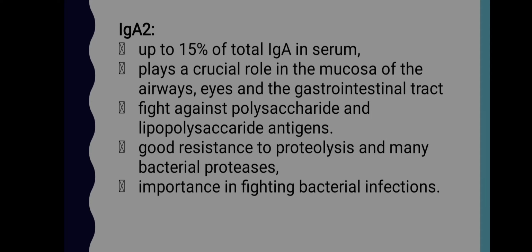It plays a crucial role in the mucus of the airways, eyes, and gastrointestinal tract, fighting against polysaccharides and lipopolysaccharides. Good resistance to many bacterial proteases. Due to this property, it is important in fighting against bacterial infection.